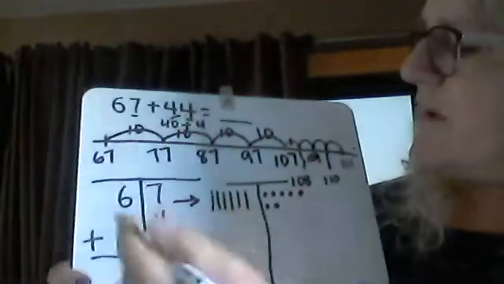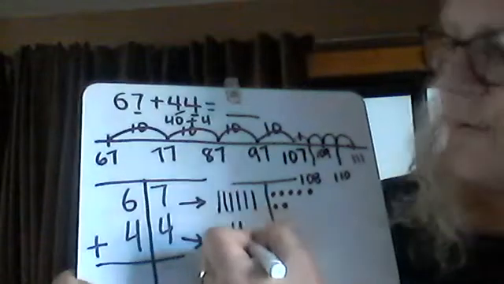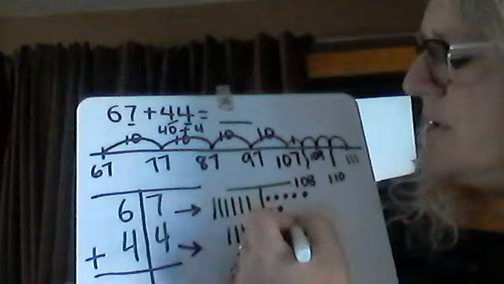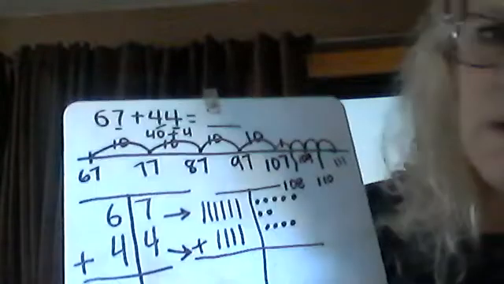Okay, 44. 10, 20, 30, 40. 1, 2, 3, 4. All right, we're adding. The number's getting bigger. Here we go.